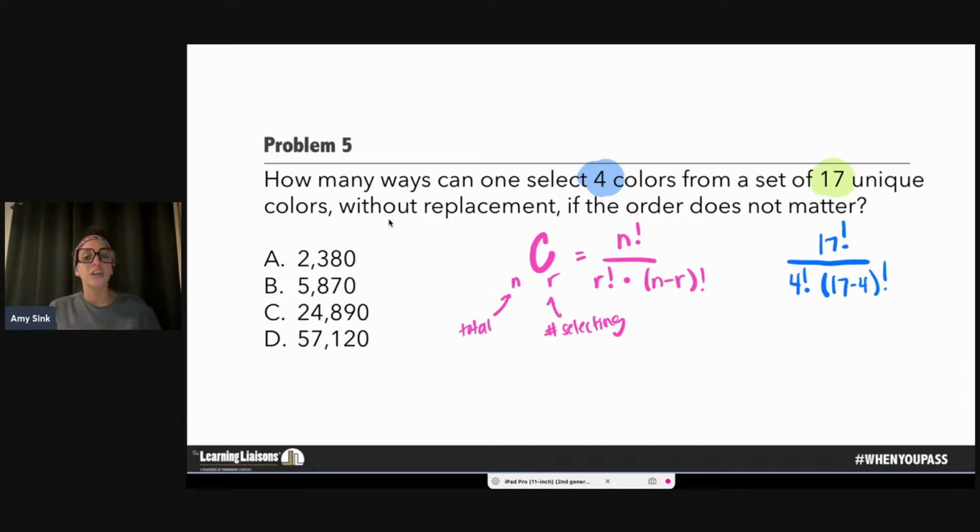Now, what is factorial? Factorial is 17 times 16 times 15 times 14 times 13 times 12 times 11, all the way down to 1.